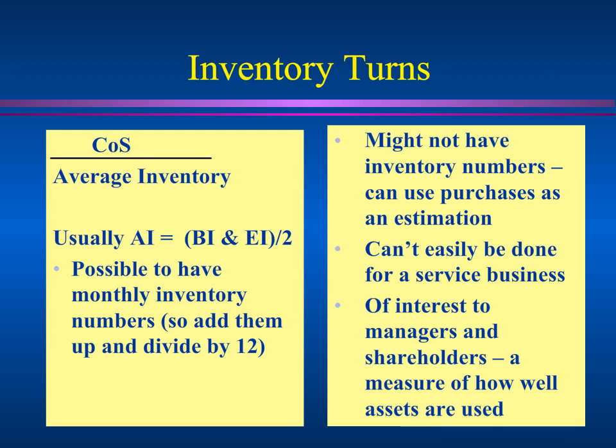Can't do it very easily for a service business. Now, we can if we say, okay, we've got a bunch of accountants and they're available for 40 hours a week on average over the year. We can do that sort of calculation and take the hours available as the inventory.